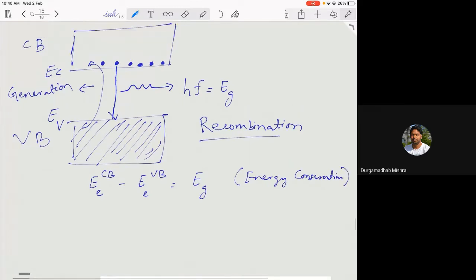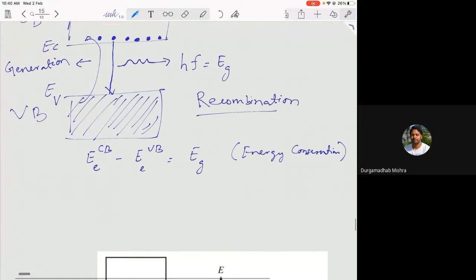But what we have missed is the conservation of momentum. When this excitation or de-excitation process happens in an energy band, each electron has an energy, and it is also associated with a momentum, P, right? And when these generation and recombination processes are happening, energy has to be conserved.